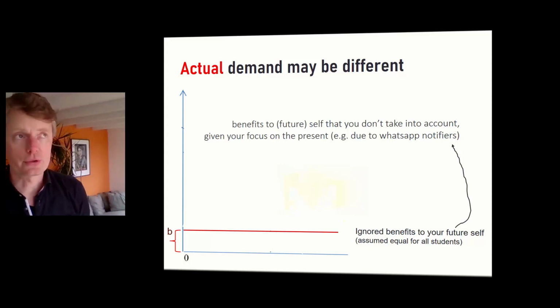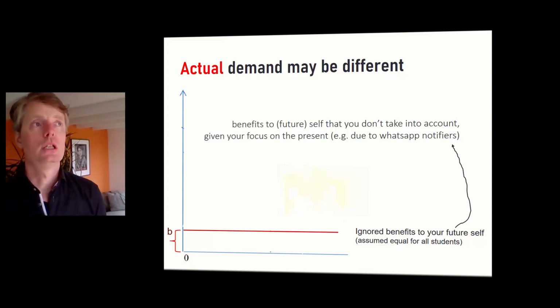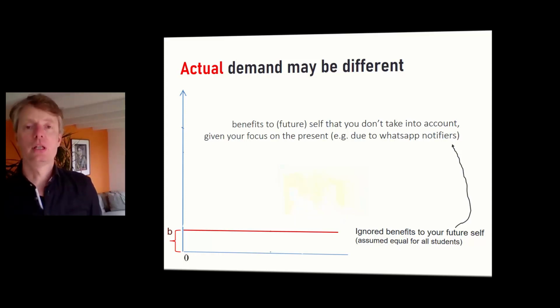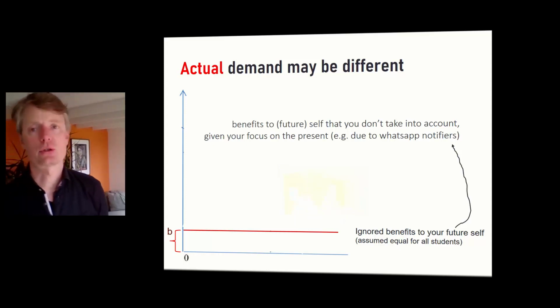I do know, for instance, of studies into soda consumption, so sugary drinks consumption, that self-control problems are more pronounced among low-income individuals compared to high-income individuals. So it may be that in practice this bias is not similar, but let's keep it simple for now and assume a similarly sized bias across all students.